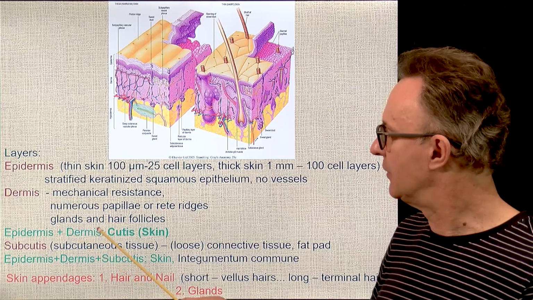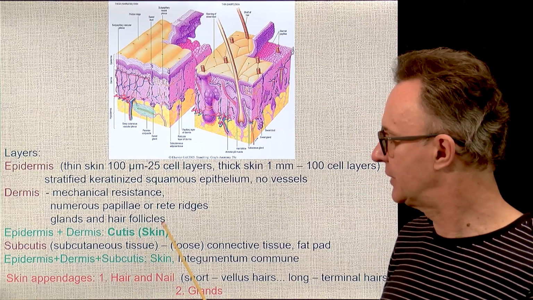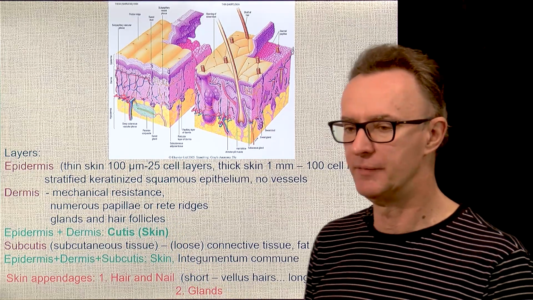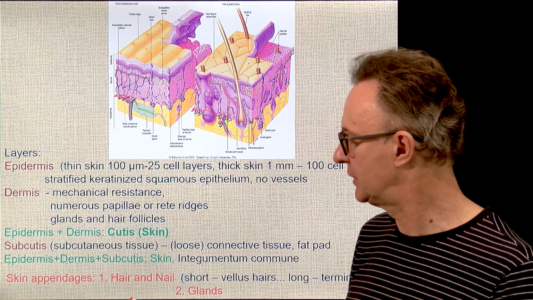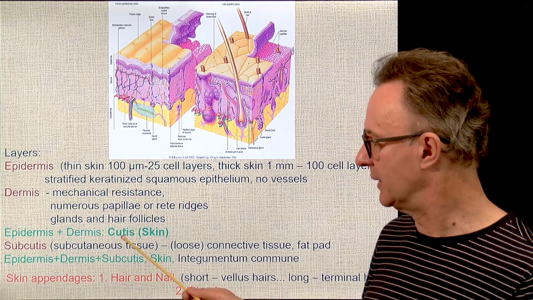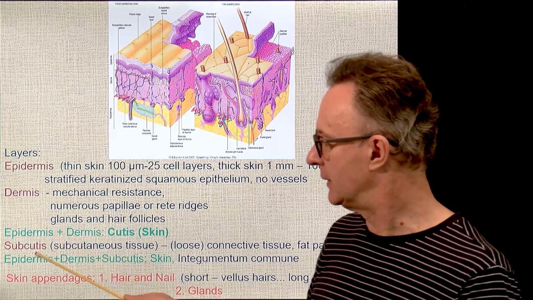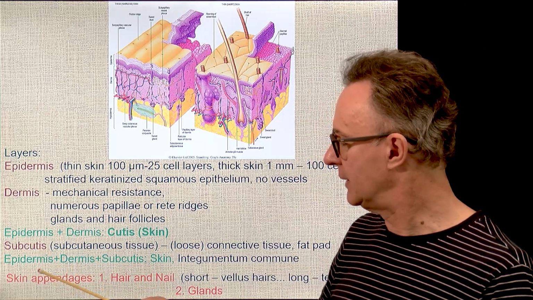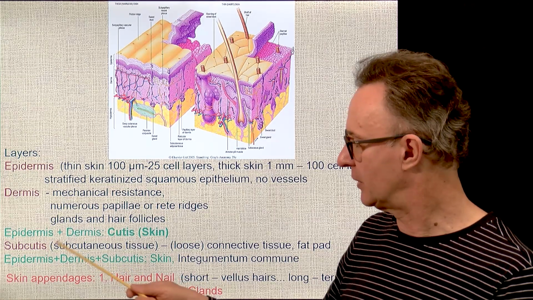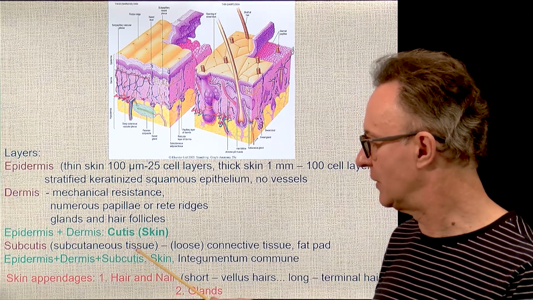The epidermis and the dermis together are called cutis or skin. I put it in brackets because it may vary in the different histological textbooks. We teach it this way, that the epidermis and dermis are the cutis or skin, but in some textbooks, if you add the subcutis, which is another connective tissue layer, then this will be called skin.